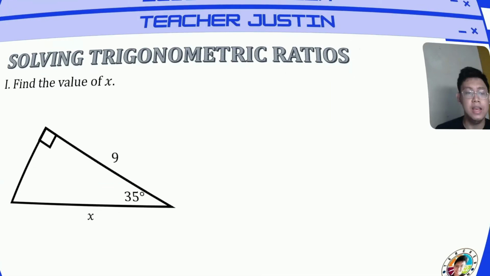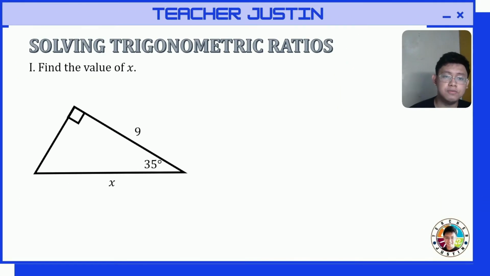Ta-da! Alright. Let's find the value of x of this right triangle using the trigo ratio. So first thing that we need to do is for us to identify the given angle. So our given angle is 35 degrees. Then let's identify our given sides. So we're given the adjacent side, and we're looking for the hypotenuse.